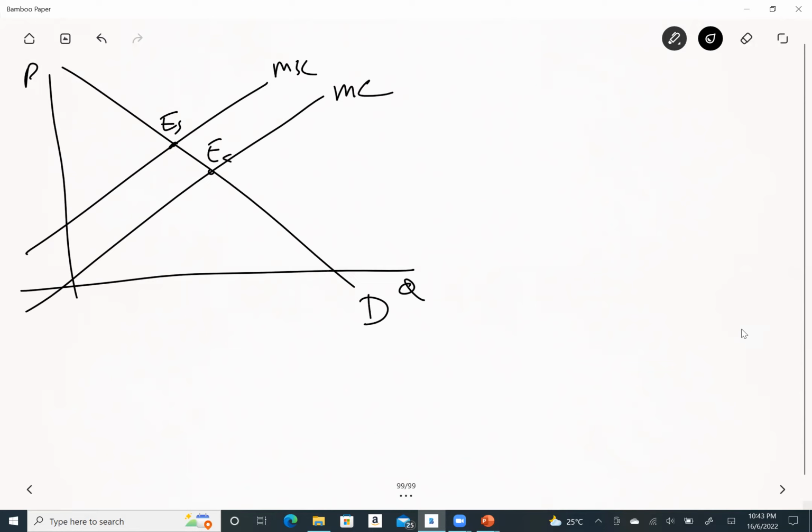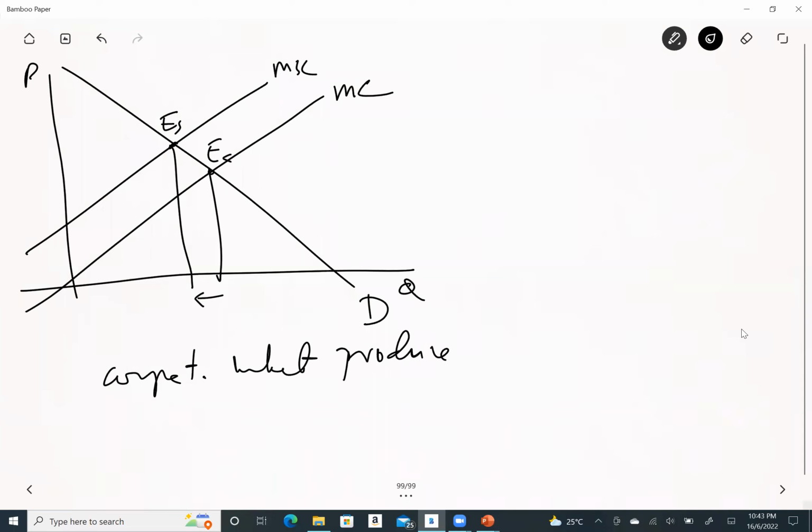Or you can answer the next question: what are the effects of the negative externality? You look at the comparative statics. So Q decreases. Or you can say the competitive market produces too much output, and the price goes up.